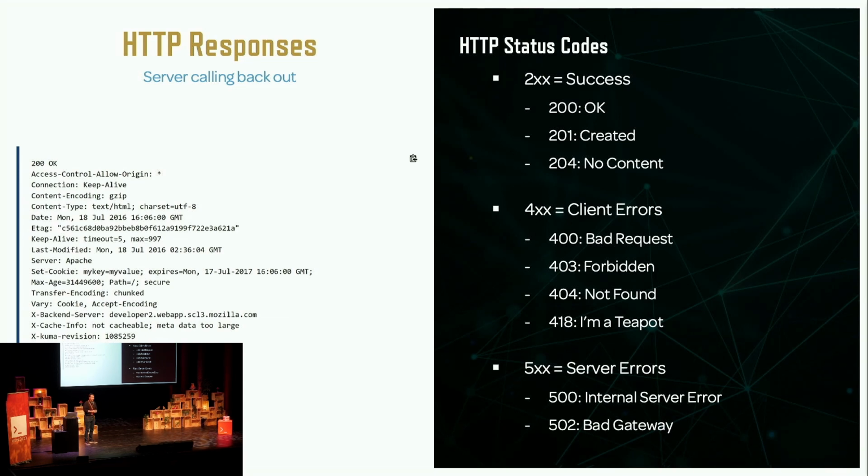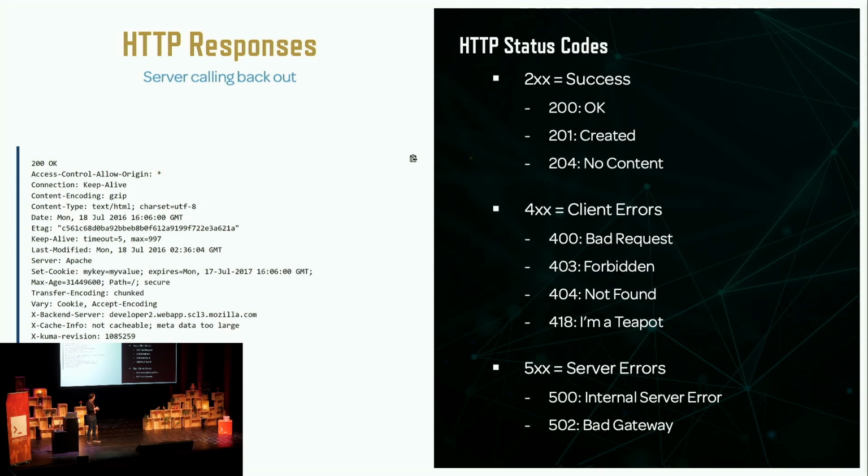Then we have the 400 codes, which are very important to know, because those are generally client errors. Those are generally errors that you and I make when we search something or try to do a certain action on the web. These are generally the 400 bad request, the 403 forbidden. If you have a forbidden one, it means that you're not authorized to do something.